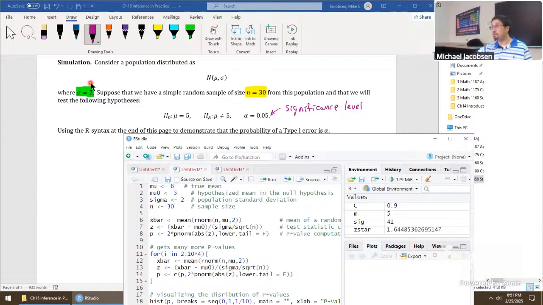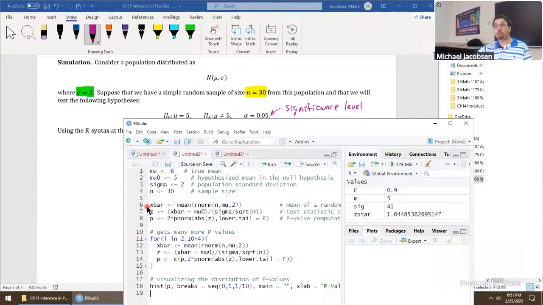Sigma we set to 2, coming from this information. Sample size is set to 30. And the rest of it is how we're going to get these p-values. First thing I've done right here in this syntax is get a random sample of size n from a normal distribution with the parameter mu for the mean and 2 for the standard deviation sigma.